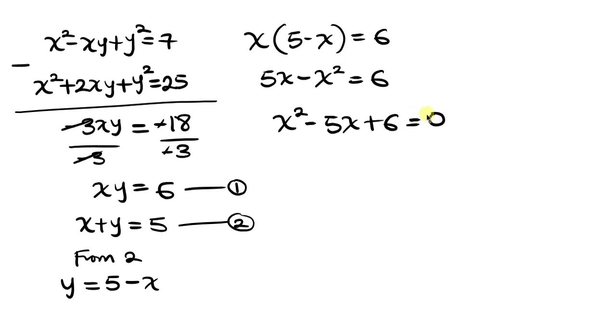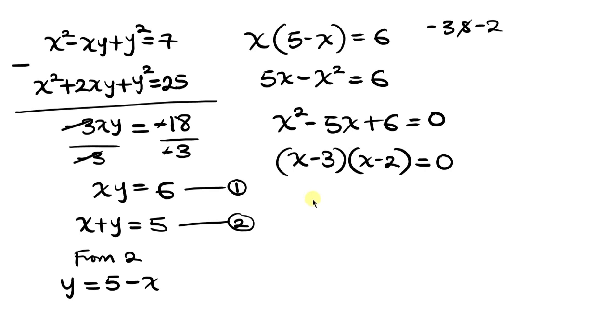So we have a quadratic expression, which can be factorized as x minus 3 times x minus 2. Because negative 3 and negative 2 are actually factors of 6. And when added together, they give negative 5. So this is equal to 0.